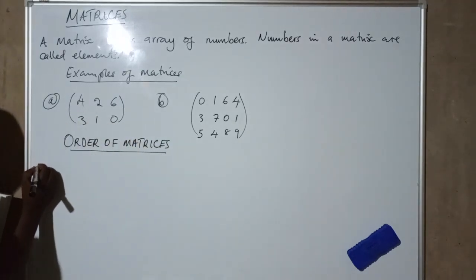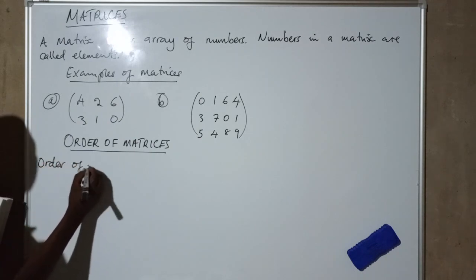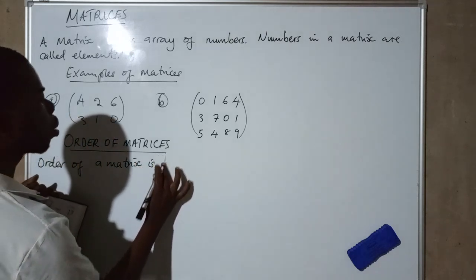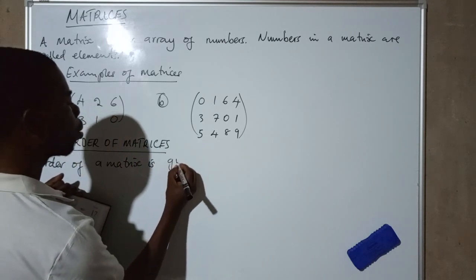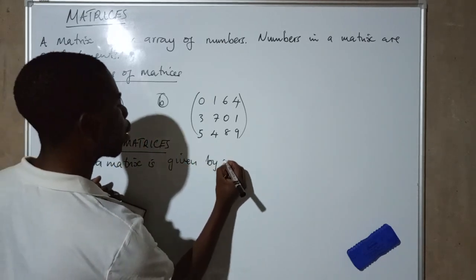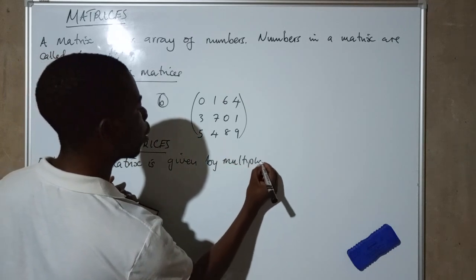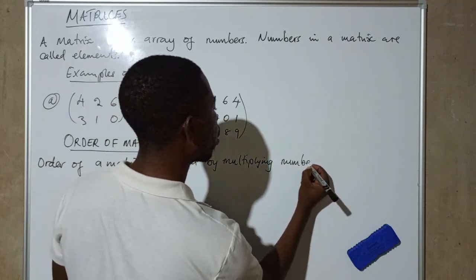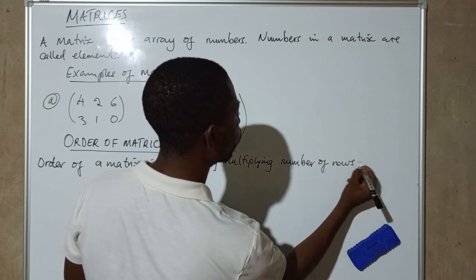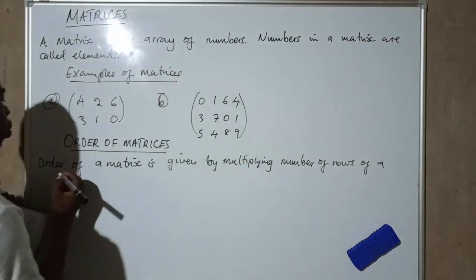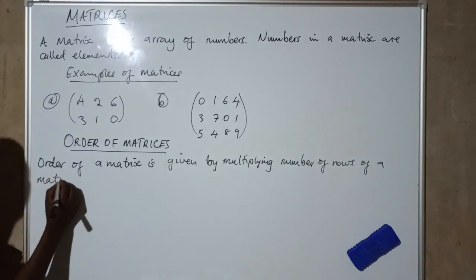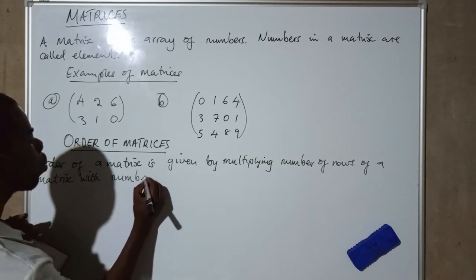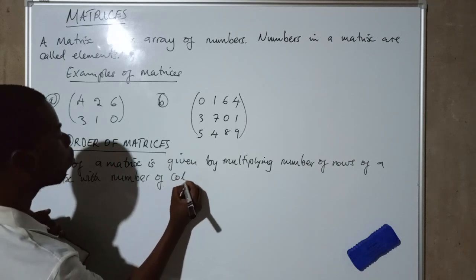So we're saying the order of a matrix is given by multiplying the number of rows of a matrix with the number of columns.